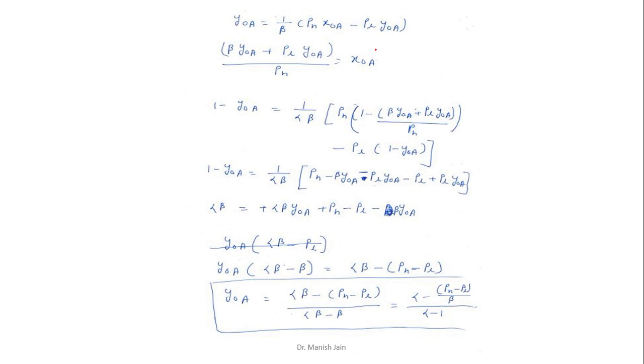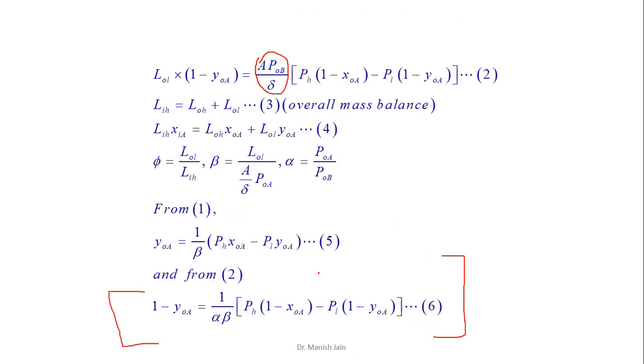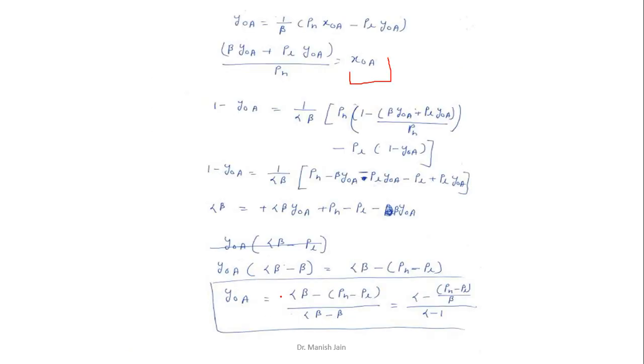Now we rearrange this equation and calculate the value of XOA. So XOA equal to beta YOA plus PL YOA divided by PH. Now we substitute the value of XOA in equation 6. Once we substitute the value of XOA, you will get this equation. Now we rearrange this equation in 2 or 3 terms.